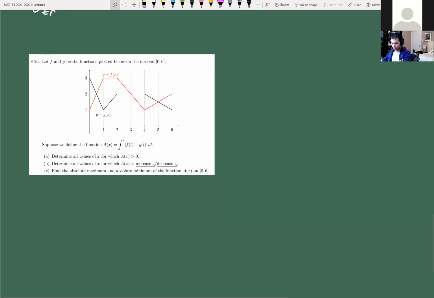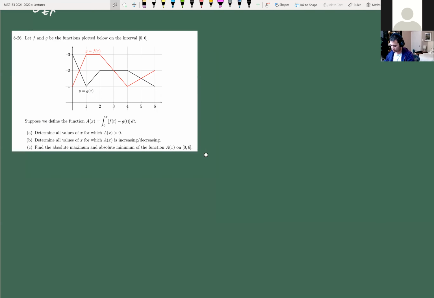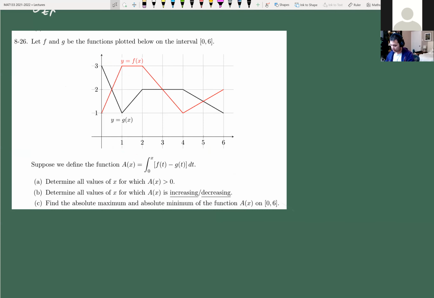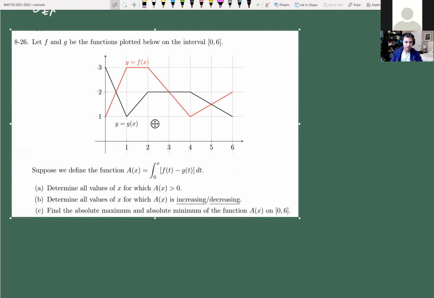It's practically open to this section. Okay, so here's 8-26, which I was asked to do. And let's make that a little bit bigger so we can see what the graph looks like.